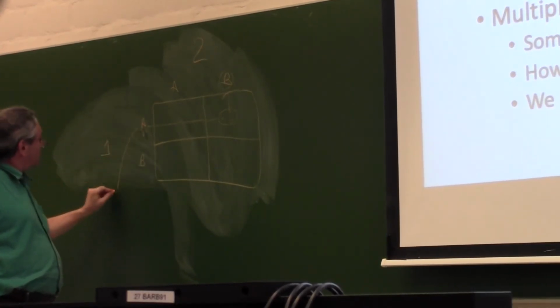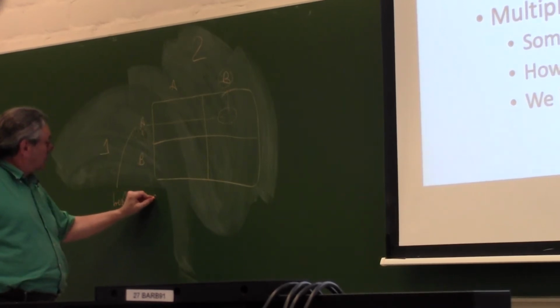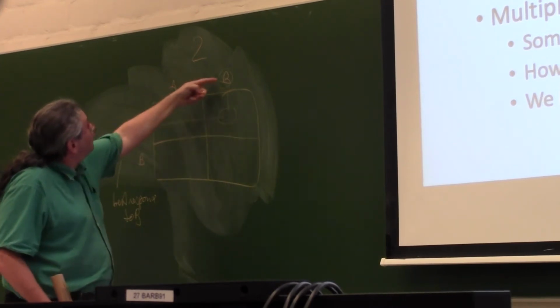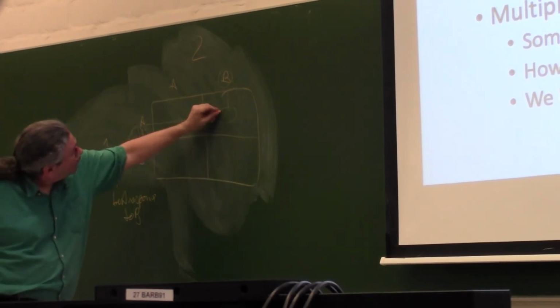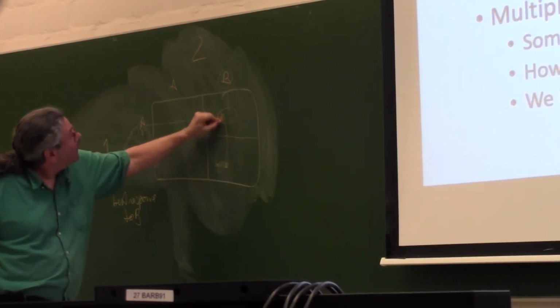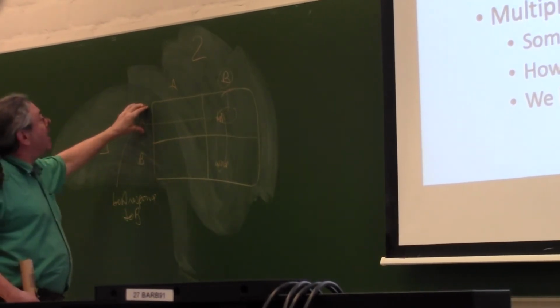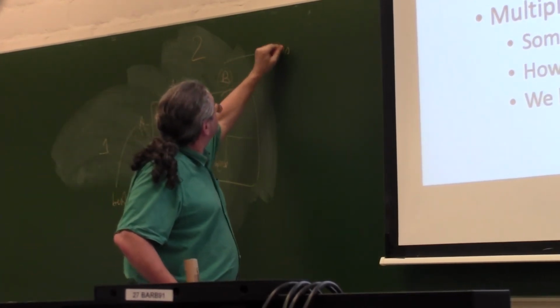So A is the best response to B. That means if player 2 picks B, player 1 will not pick B because this will be worse. So this is best. But it also works in the opposite direction. If player 1 picks A, then B is the best response to A. So it's symmetrical.